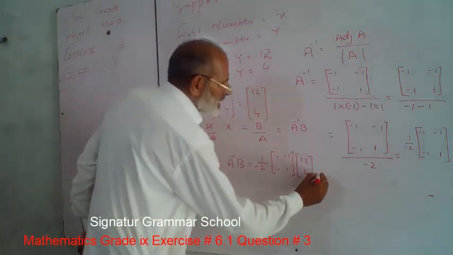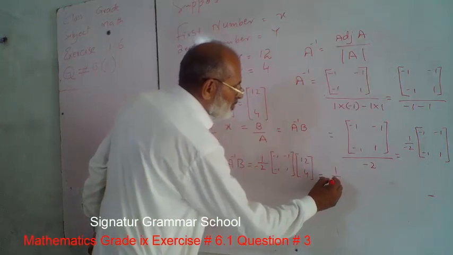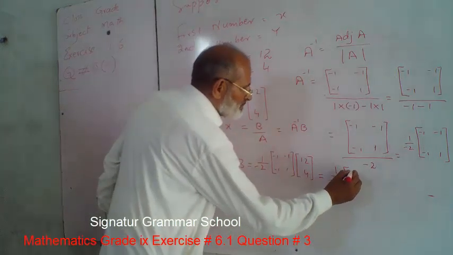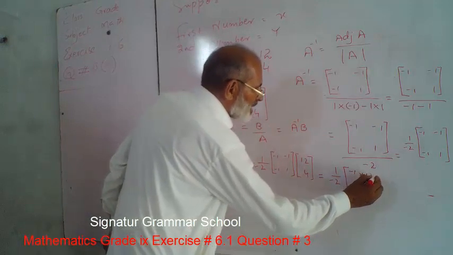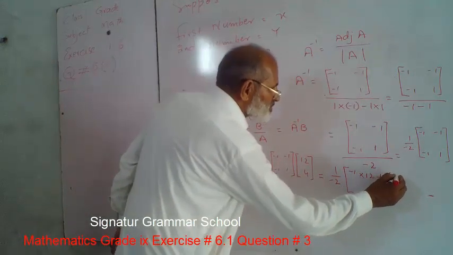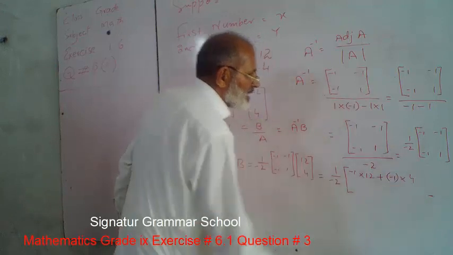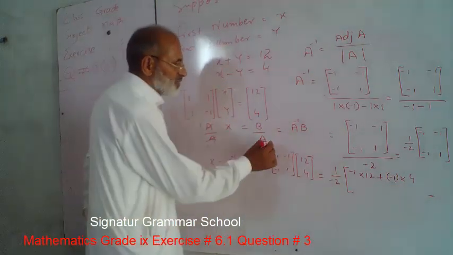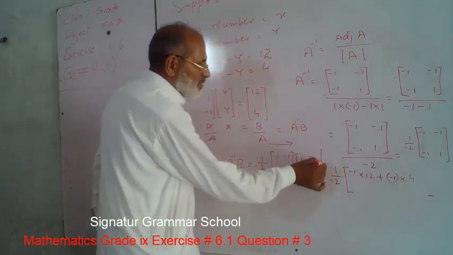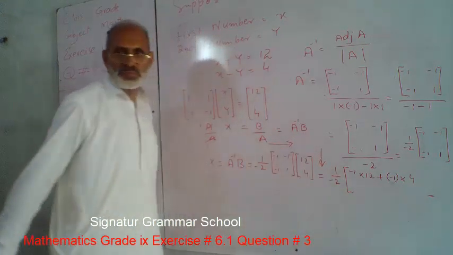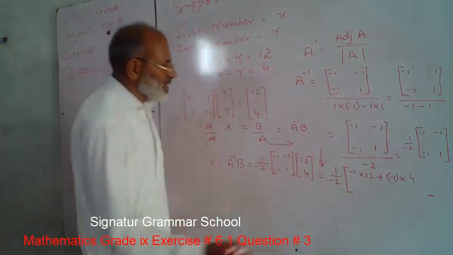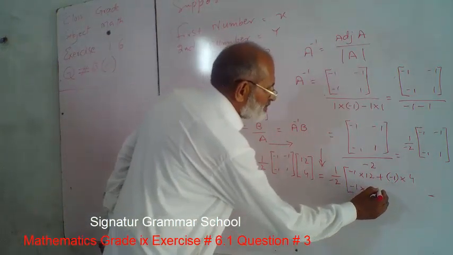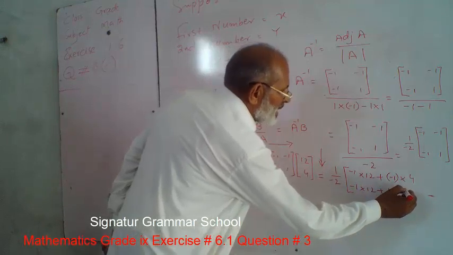So, in this case, its answer will be 1 over minus 2, and here minus 1 multiplied by 12 plus minus 1 multiplied by 4. We go this way, then we go down. And here it will be minus 1 multiplied by 12 plus 1 multiplied by 4.